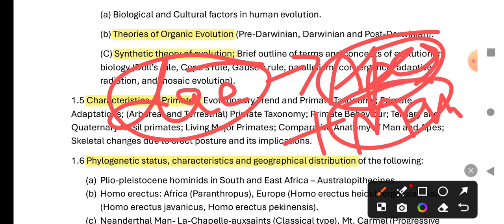In Hylobatidae, we will study the gibbon, one genus, gibbon only.